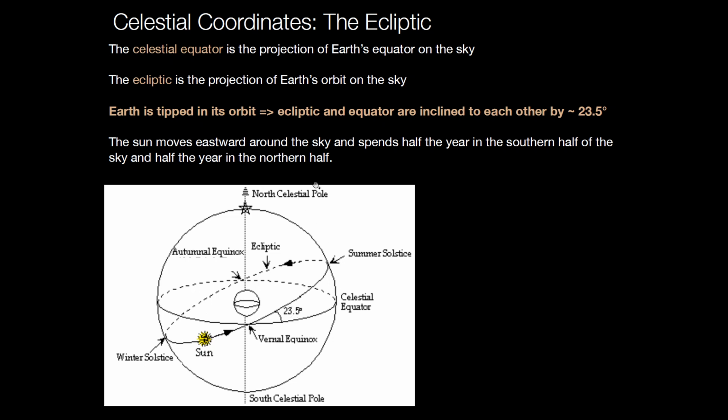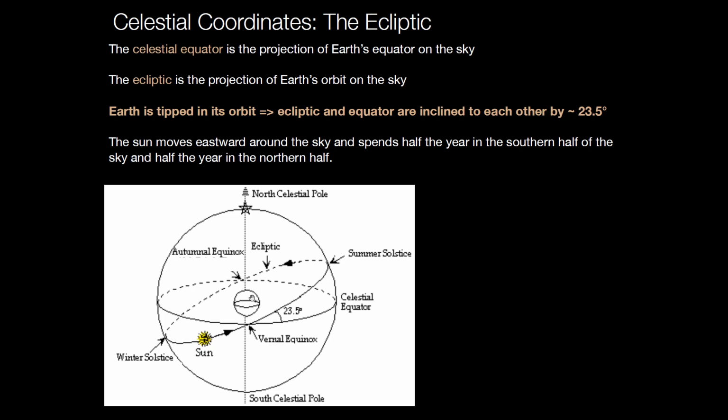We've got the celestial coordinate system, which corresponds to latitude and longitude. We've got the local coordinate system or horizon coordinate system, and then there is what's called the ecliptic coordinate system, the central plane of which is given by the plane of rotation of the Earth around the Sun. And most of the objects in the solar system move along this plane as well.